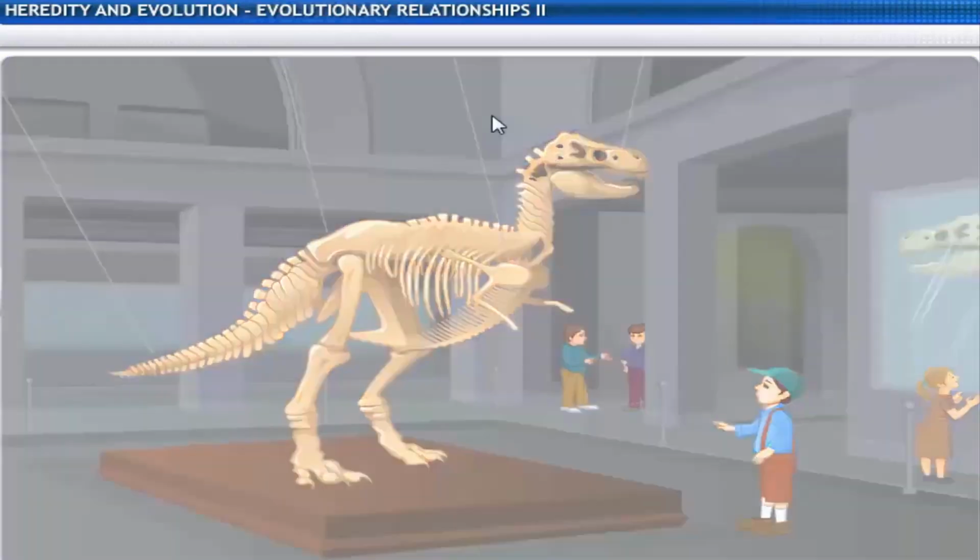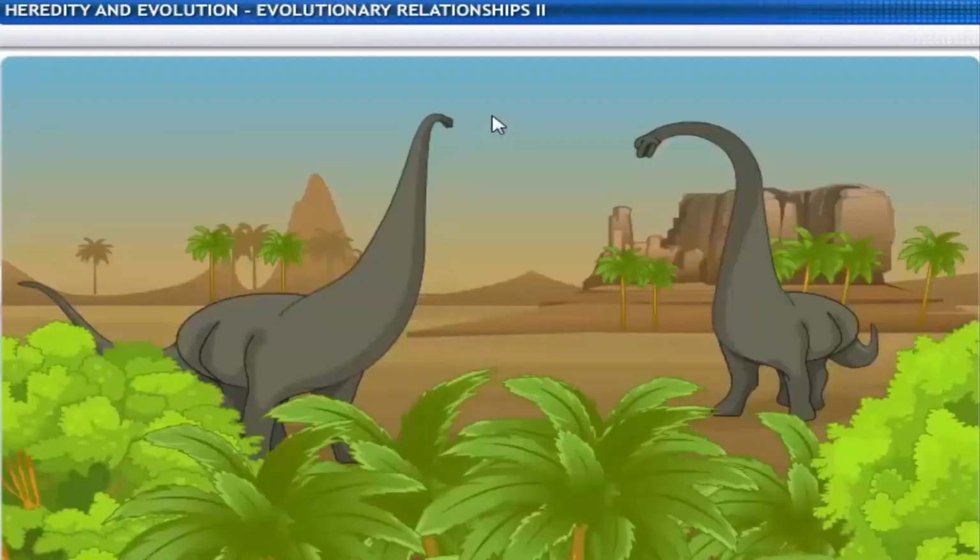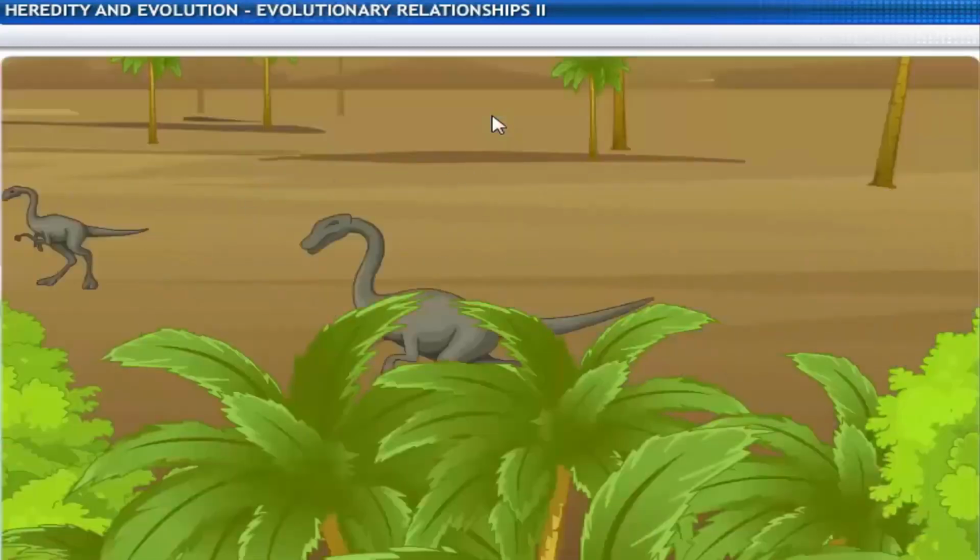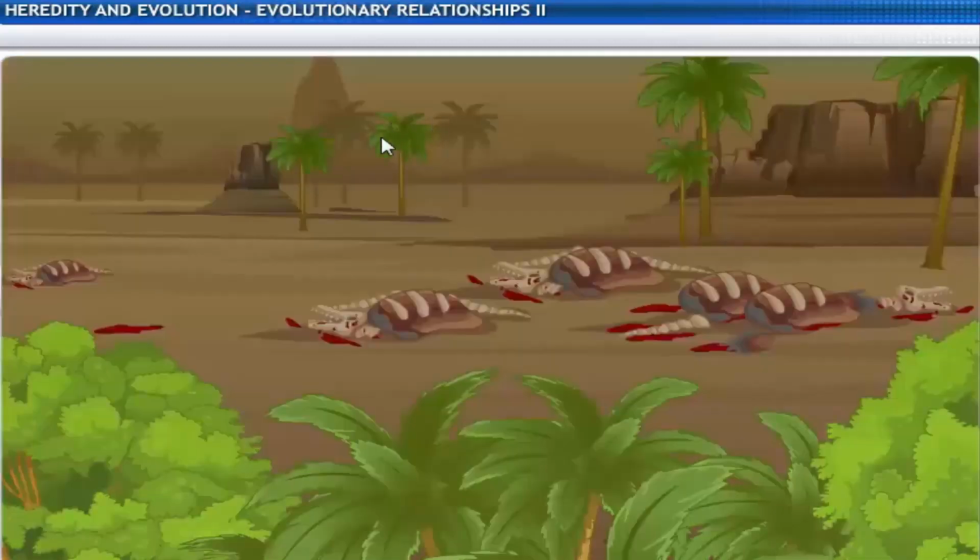Millions of years ago, on Earth, lived huge gigantic animals called dinosaurs. In the process of evolution, all these huge gigantic animals became extinct.